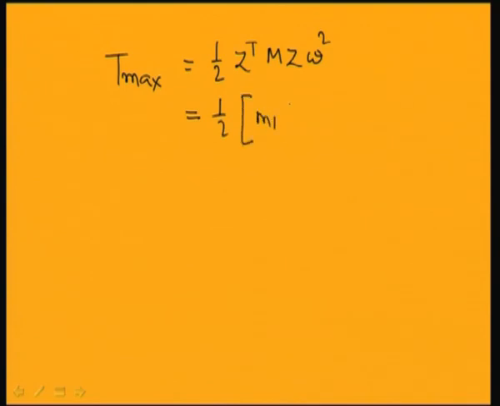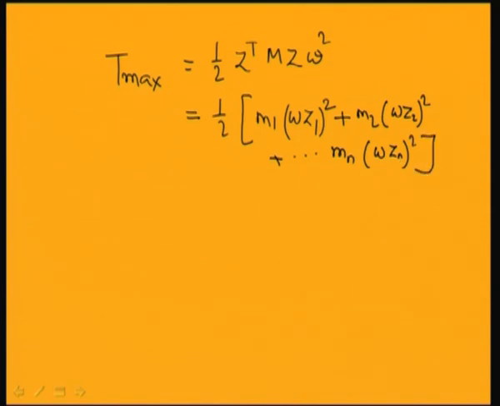If I expand this, it can be written in this form: m1 omega z1 square plus m2 omega z2 square, and similarly you can go on writing up to mn omega zn square. So, this is T max, the maximum kinetic energy of the system.